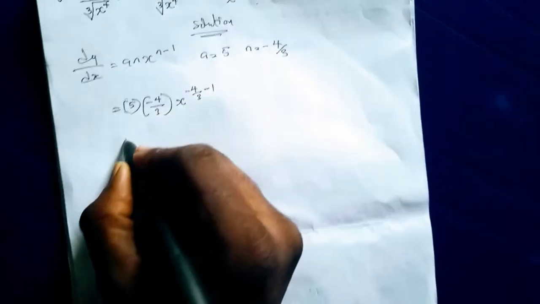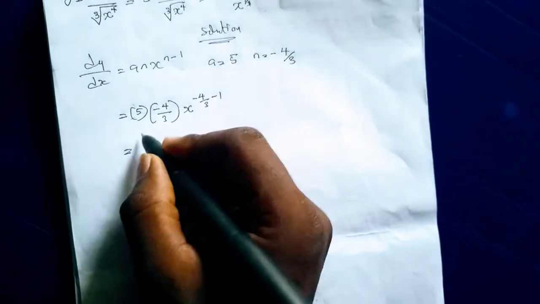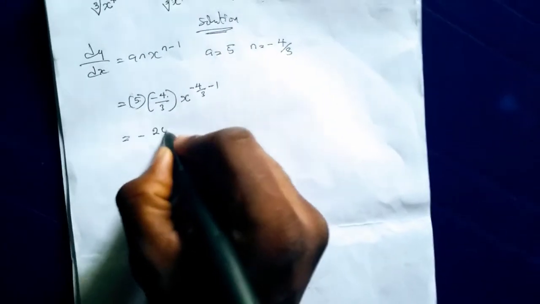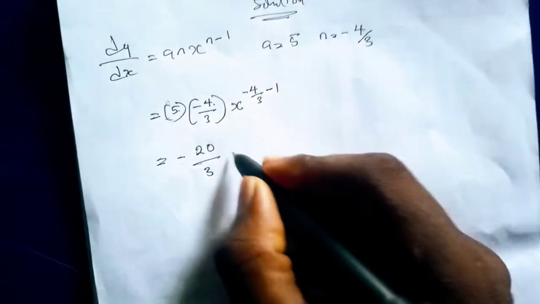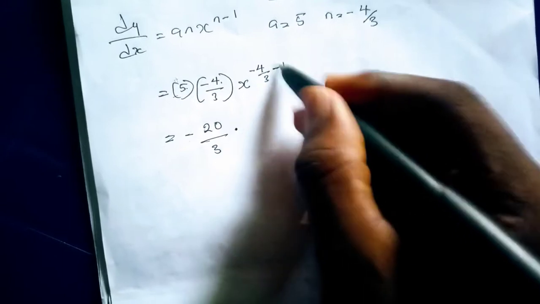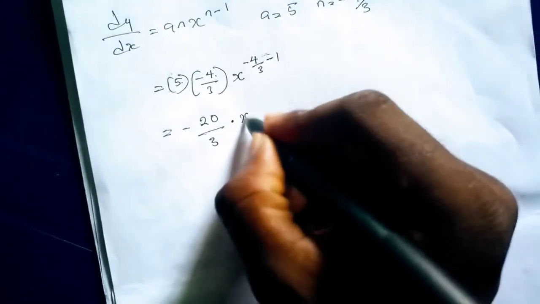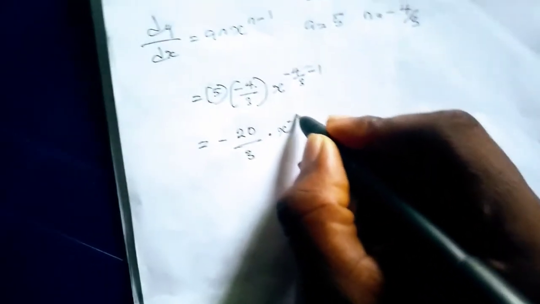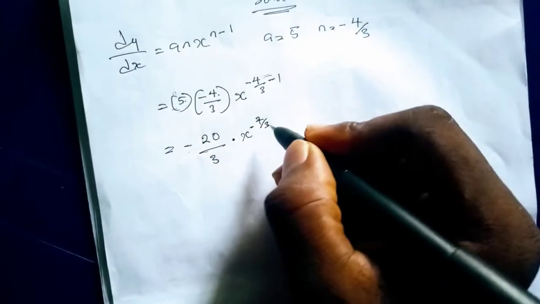And now we can say that this is equal to 5 multiplied by 4, which is 20. Negative is still there, divided by 3, multiplied by, if you use your LCM here, you discover that x is raised to the power of negative 7 over 3.